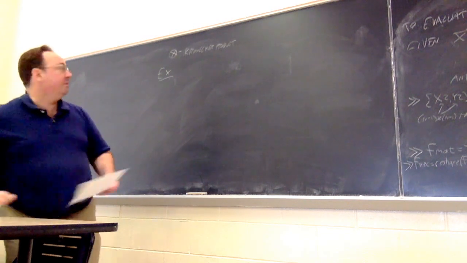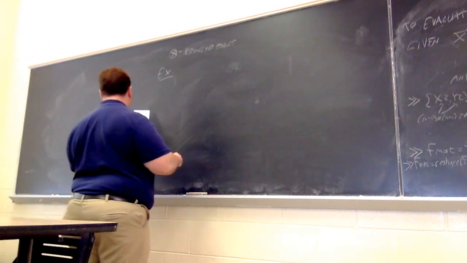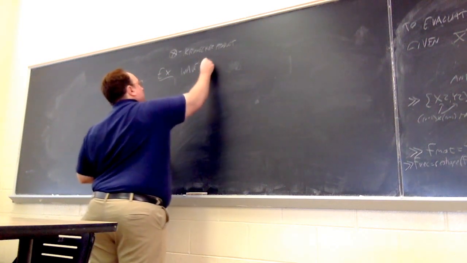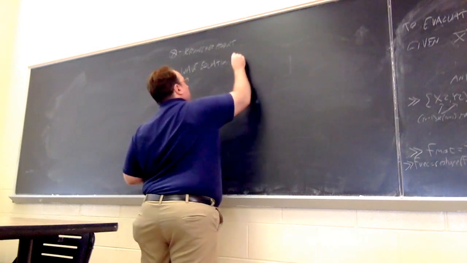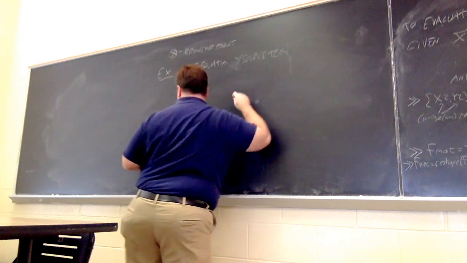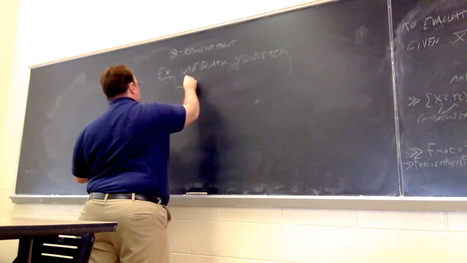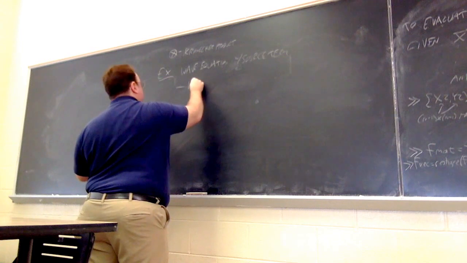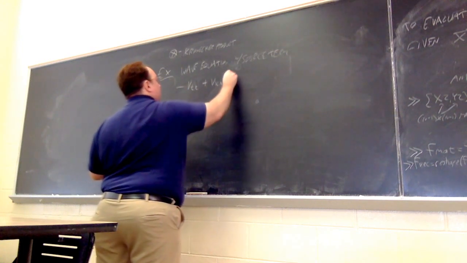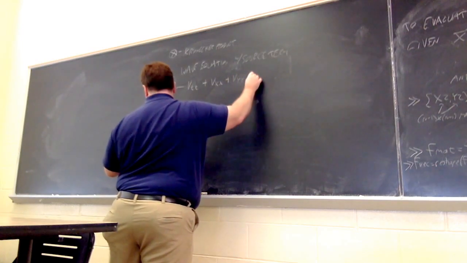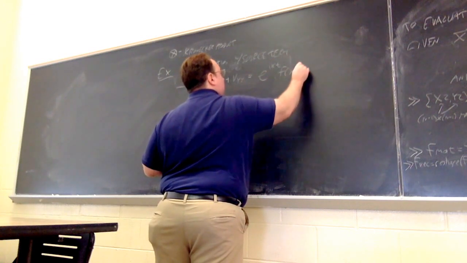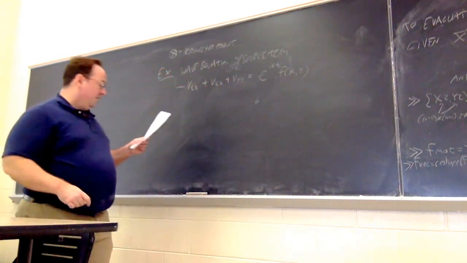Now, for this example we have the wave equation with the source term. So minus V_tt plus V_xx plus V_yy is equal to e to the iKt f of x, y.